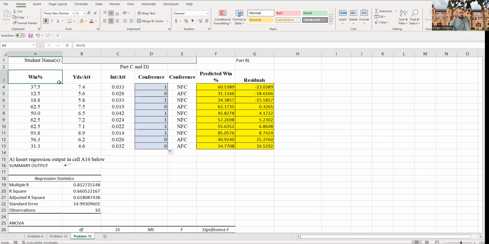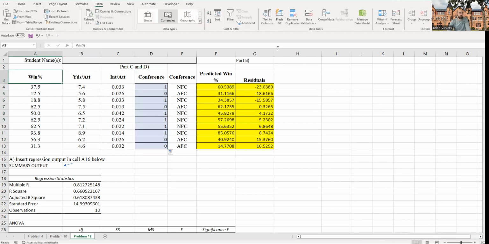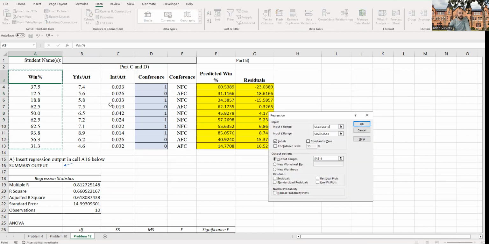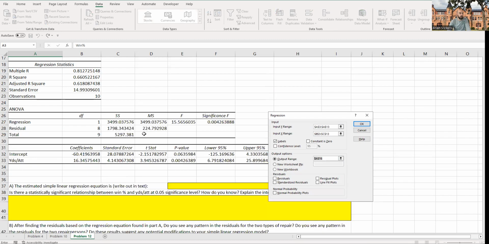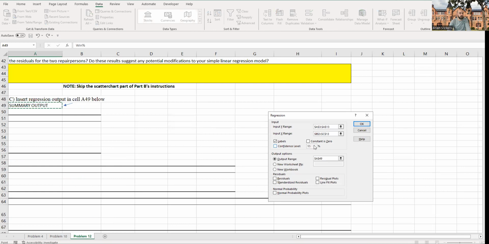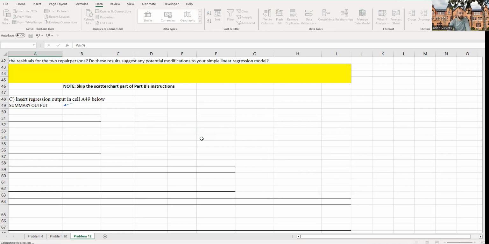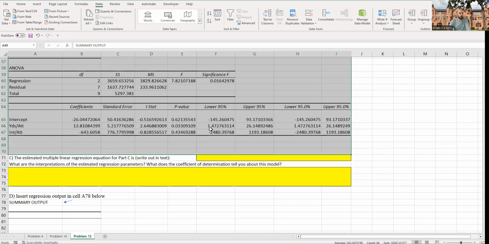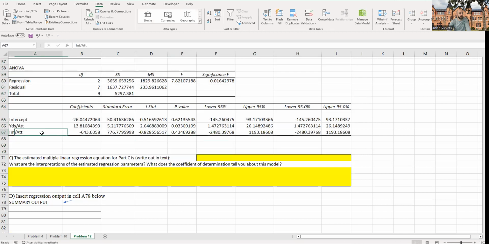So let's run this again. We're going to run the multiple regression with the same y variables, but the x variables are going to be yards and interceptions per attempt. The output range, I'm going to have it output right here, and I'm going to click OK. Now I get a p-value for interceptions of way too high, way too low. I would still write out the regression equation.